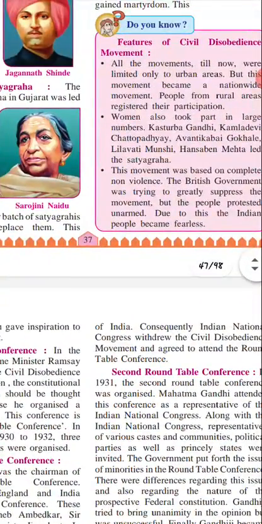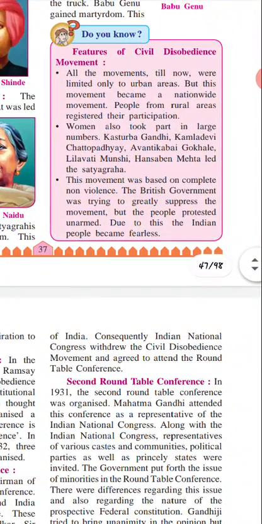Do you know the features of the civil disobedience movement? All the movements till now were limited only to urban areas, but this movement became a nationwide movement. People from rural areas registered their participation. Women also took part in large numbers.